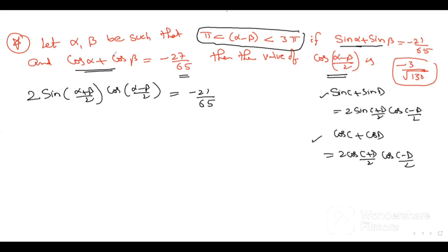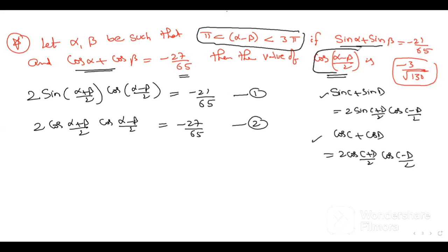Cos alpha plus cos beta is 2 cos((alpha plus beta) by 2) cos((alpha minus beta) by 2), equal to minus 27/65. This is the first equation, this is the second equation. What is required here? Cos((alpha minus beta) by 2) is required, and it appears in both equations.